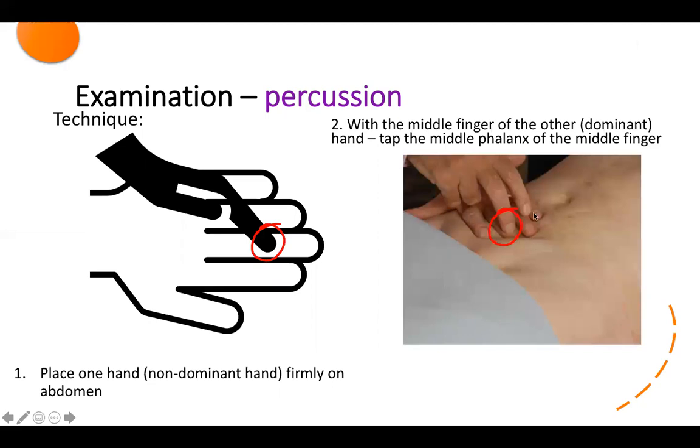So place your non-dominant hand below, your dominant one on top, and tap the middle phalanx of the middle finger. Another question that you might have is, what does normal sound like and what would be different? So it'd be a good idea to just practice on yourself, and what it sounds like to you would be normal.